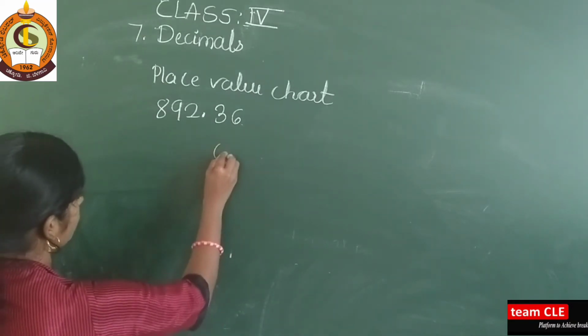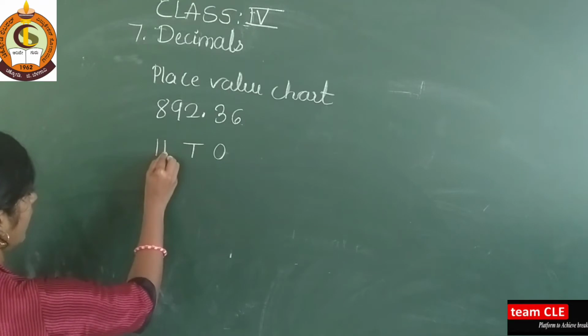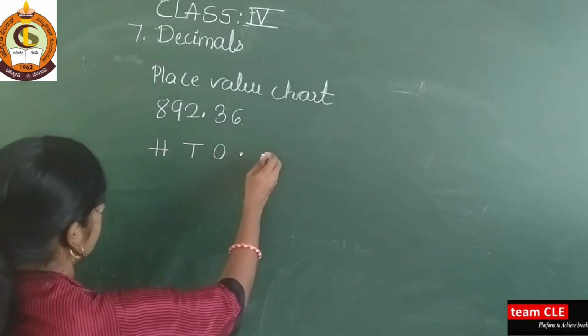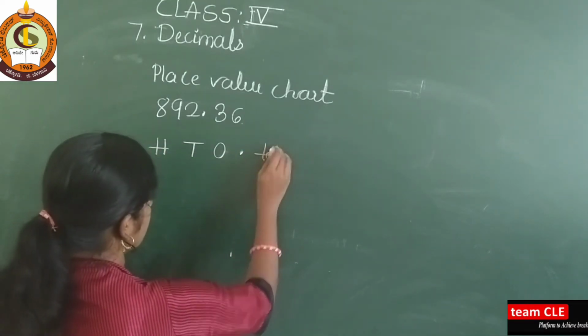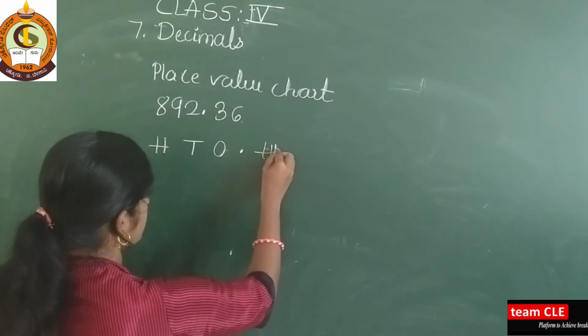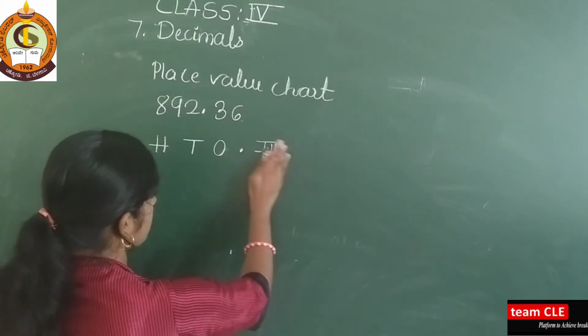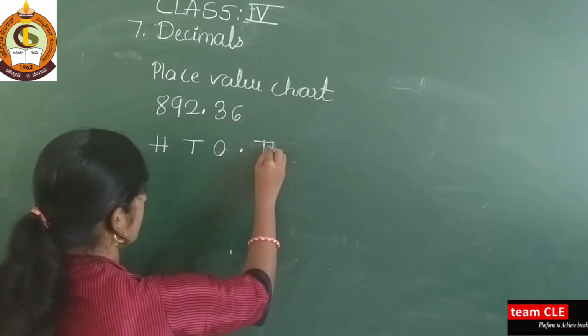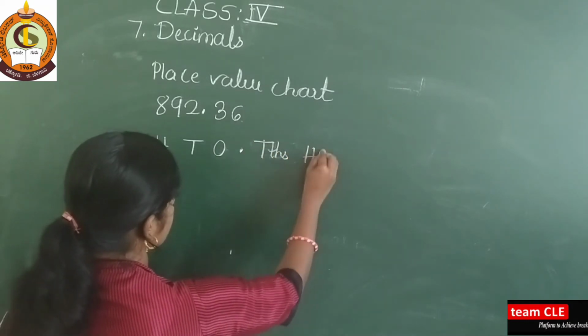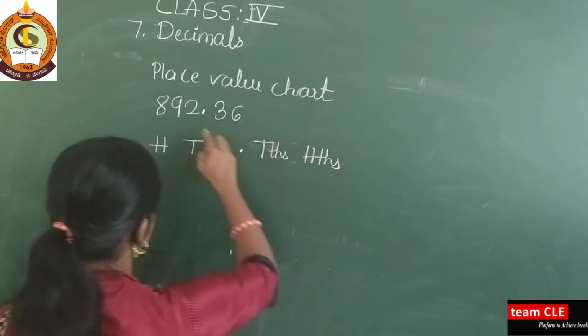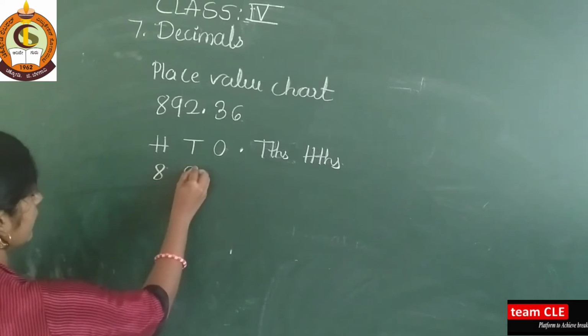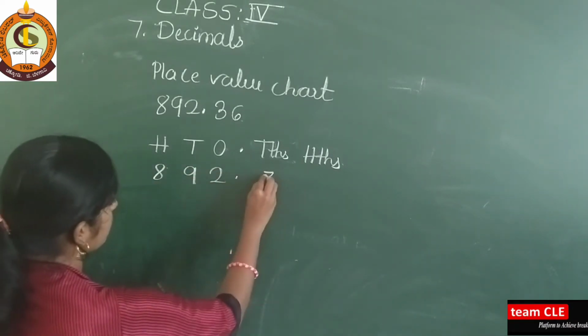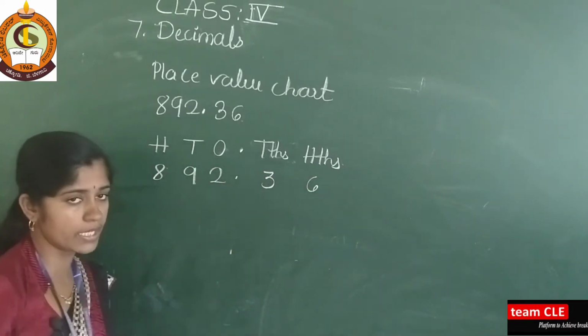Write here ones, tens, hundreds, and here the decimal point. Here I will write tenths, TTHS, and HTHS means hundredths. So arrange this number here, 892.36. How to read this?